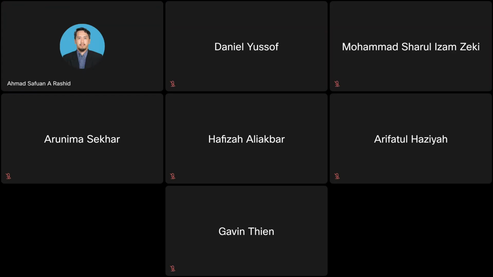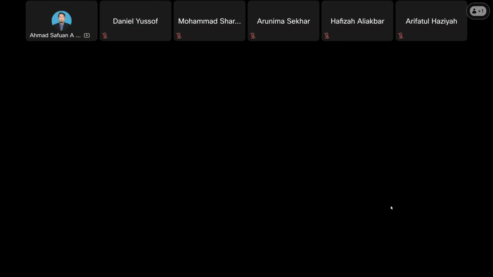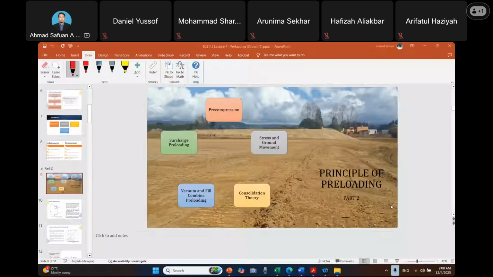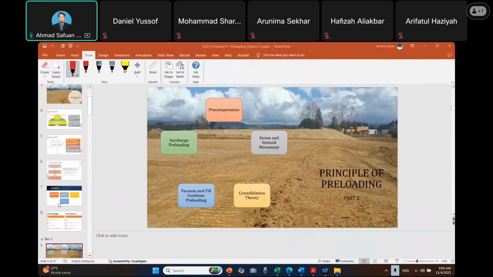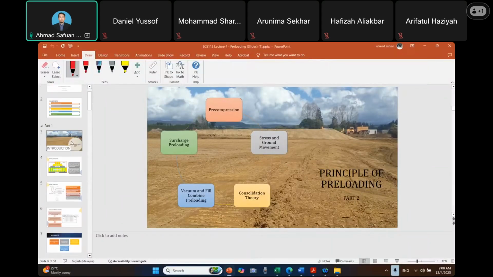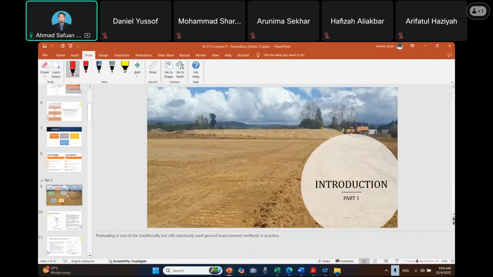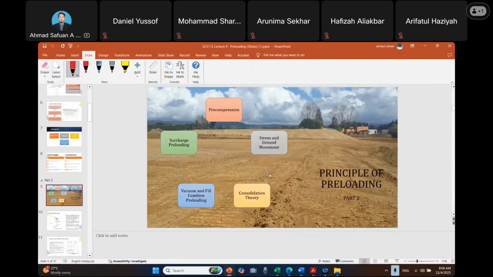Then we continue to the remaining slides. We have discussed the concept of preloading. Now we look at the principle of preloading.